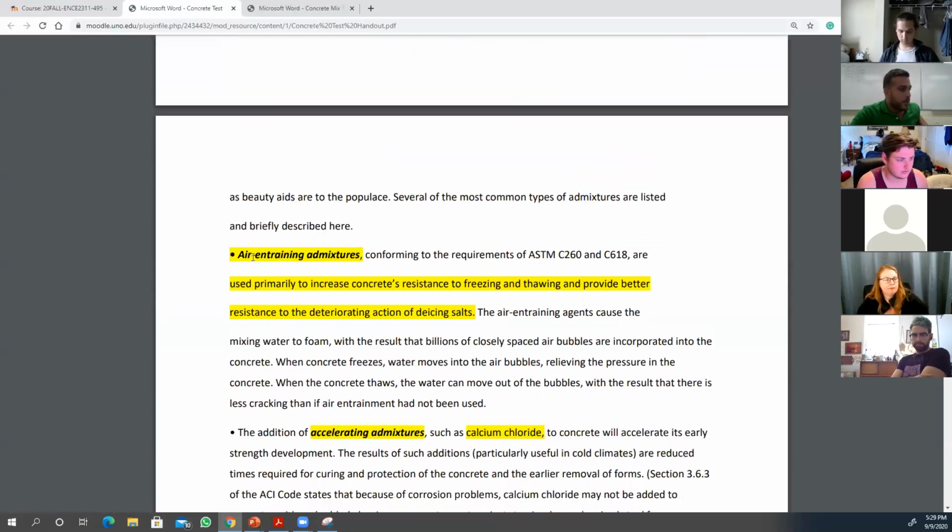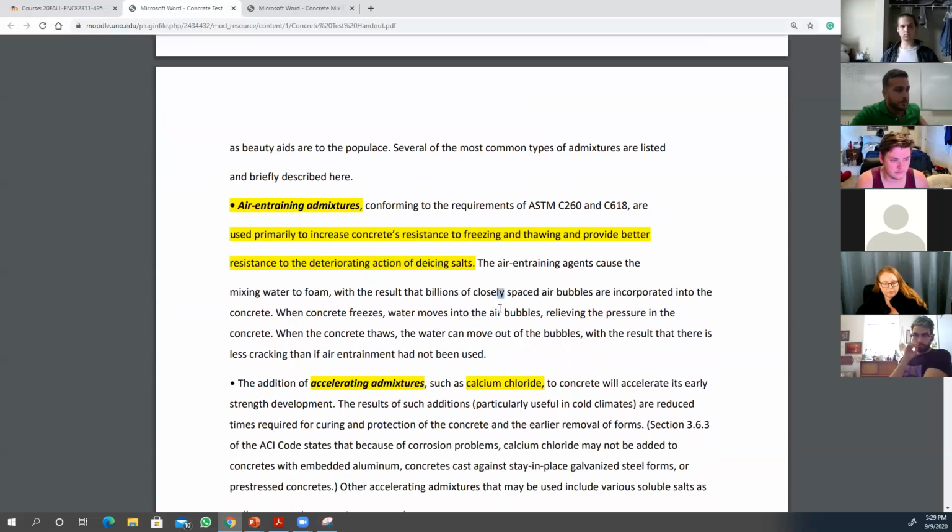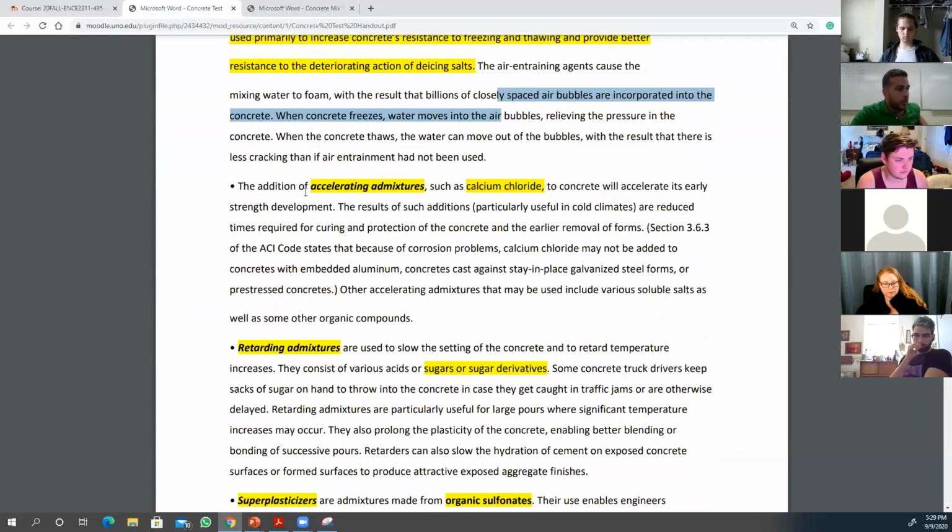You have air entraining admixtures, used primarily to increase concrete resistance to freezing and thawing and provide better resistance to the deteriorating action of de-icing salt. Okay? And you have accelerating admixtures, such as calcium chloride. It is used to accelerate its early strength development.